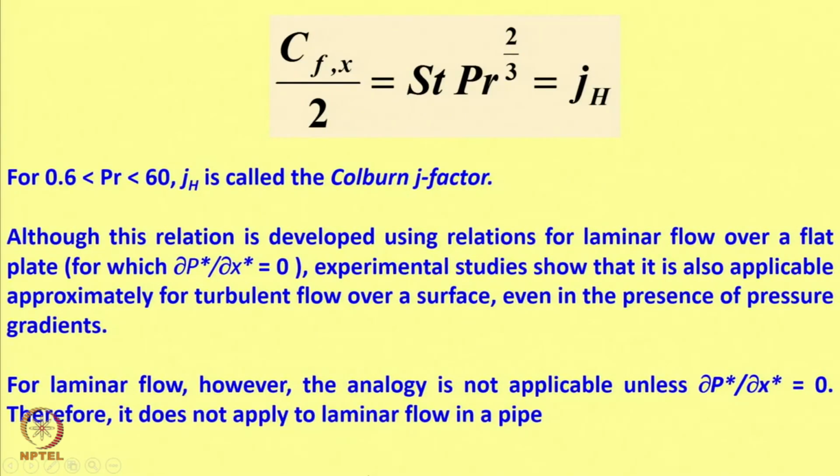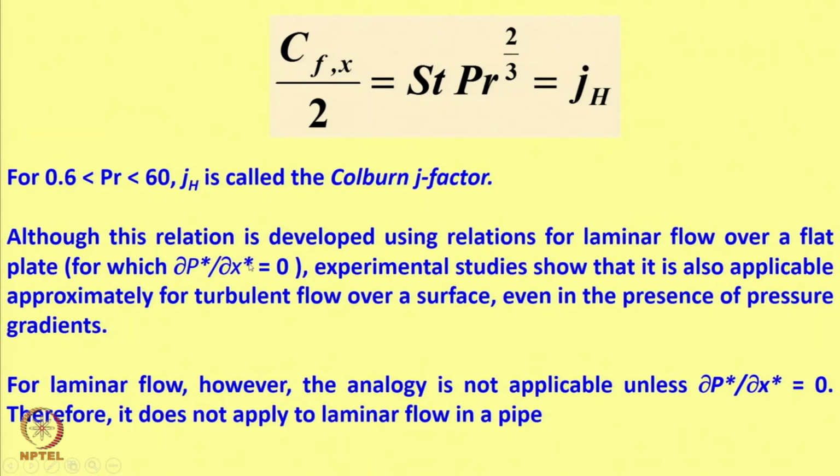For various situations, we do get this Colburn factor jH, and this form of the equation works well for Prandtl numbers 0.6 to 60. So this equation can be used for the flat plate case, for laminar flows, even for Prandtl numbers not equal to 1, that is between 0.6 and 60.